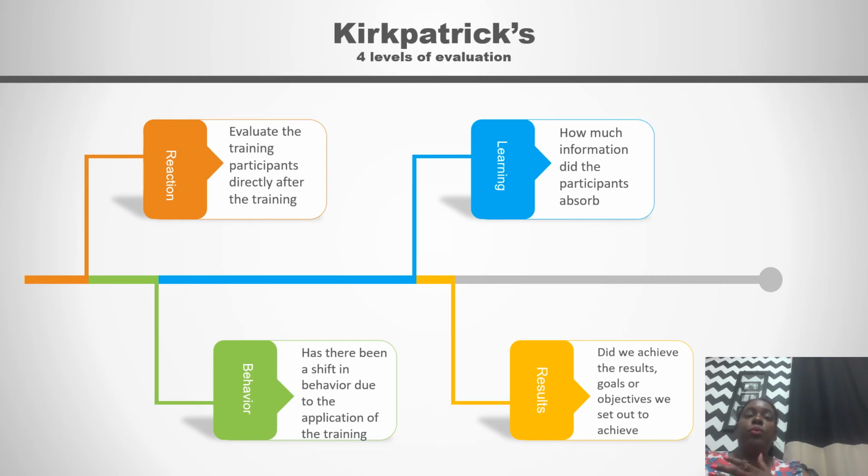What parts of our business have been impacted positively, hopefully, due to this training? Have we seen higher customer satisfaction scores? We're really checking to see the change in results in our business outcomes. Okay.